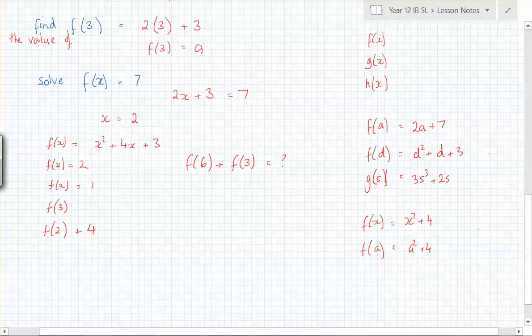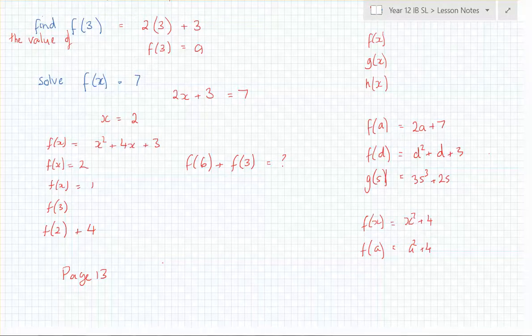So what I'm going to ask you to do now, just for a bit of practice, it won't take you very long. Page 13. So we're looking at page 13, simple stuff. You've got exercise 1E. I want you to go through those questions. So it's page 13 and page 14.